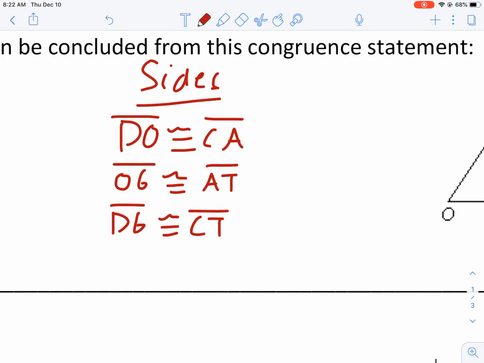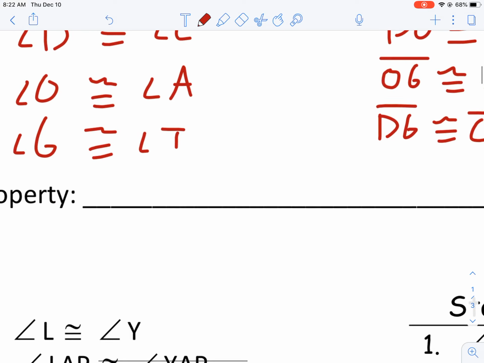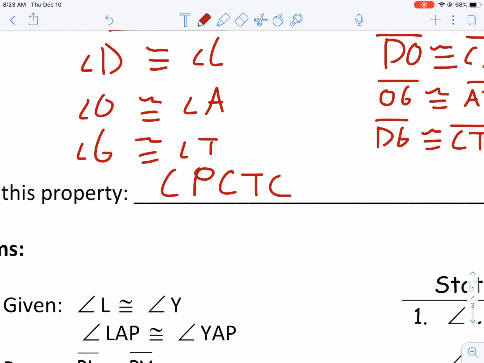Those are the 6 things that we know, and we call this property CPCTC. Now, what does that mean?